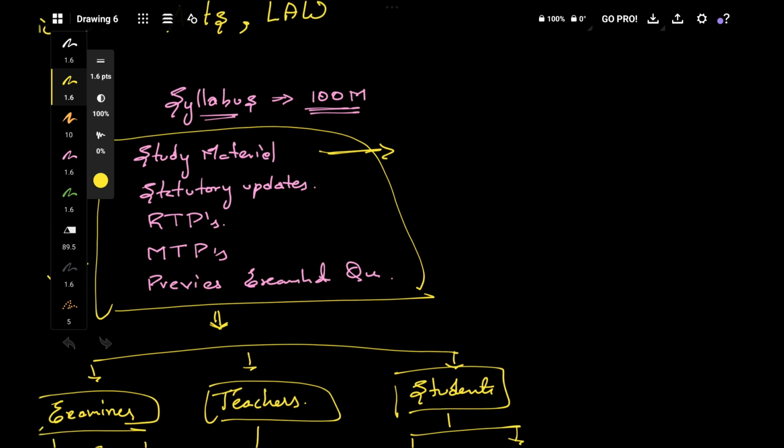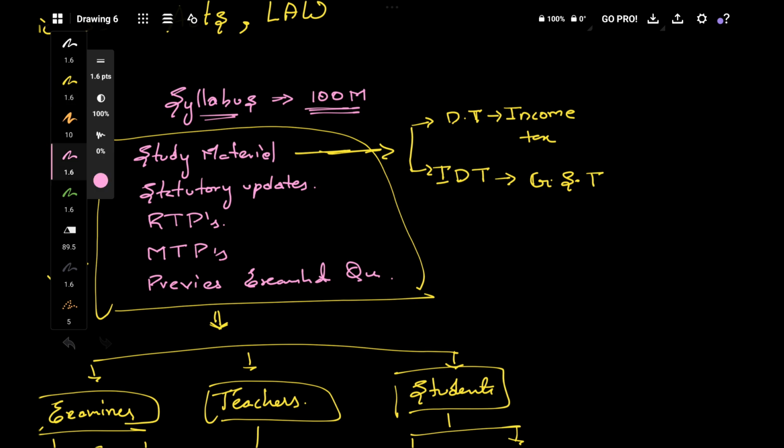So if we take this study material, we can divide it into 2 parts, because we have different subjects, right? Like DT. In case of DT we have income tax, and we have IDT. In case of IDT we have GST, goods and services tax.